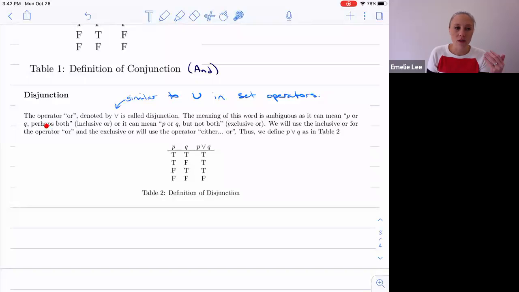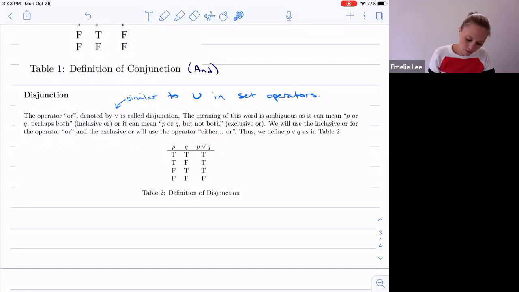Whereas if we want to talk about the exclusive or, then we'll say either P or Q, because P or Q but not both is either-or. That's the exclusive or. But when we just say or in logic, we mean the inclusive or, which is P or Q or both.